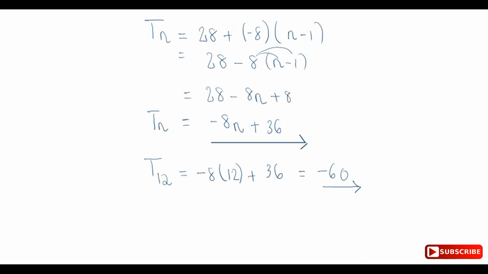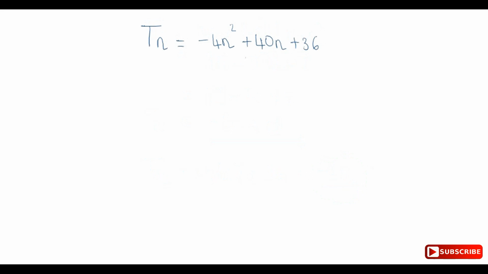Okay, so I'm just going to rewrite the quadratic equation that we had. The formula for the nth term of our quadratic sequence is equal to -4n squared plus 40n plus 36. And we found that the term that is in the 12th position of our sequence of first differences is negative 60. So we're going to take that negative 60 and substitute it into this equation.